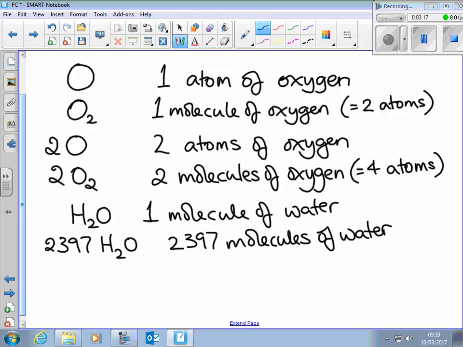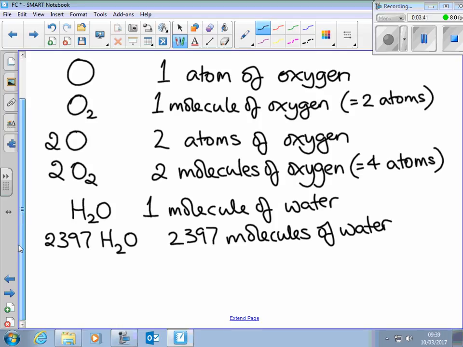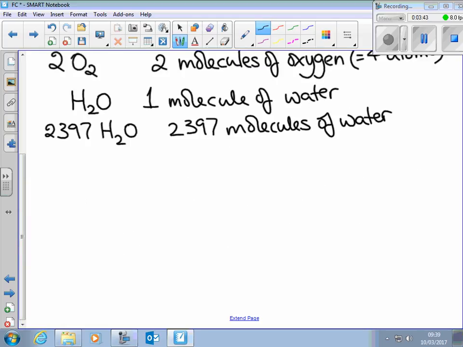whereas the little numbers are only multiplying the preceding symbol. So in H2O, the little 2 is only multiplying the H. So it's 2 hydrogens and an oxygen, and water is always 2 hydrogens and an oxygen. So you can't change that. If you do change it, a change would make a different substance. For example, there is a substance which has the formula H2O2, but that's not water. Water's H2O.